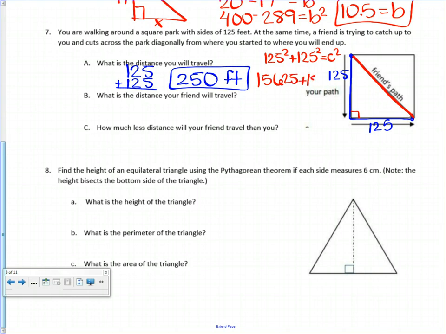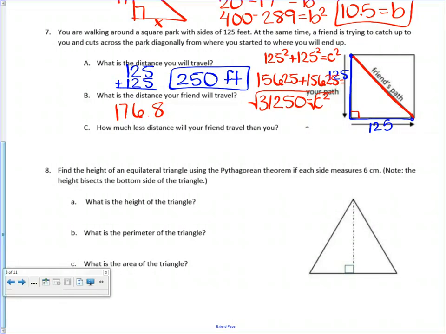We're going to add 15,625. Add those together. You're going to get 31,250. And then square root. The square root of 31,250 is 176.8 if you round to the nearest tenth.